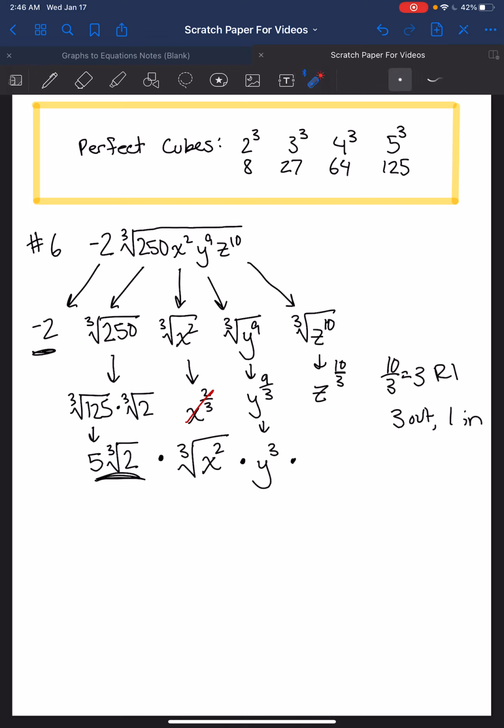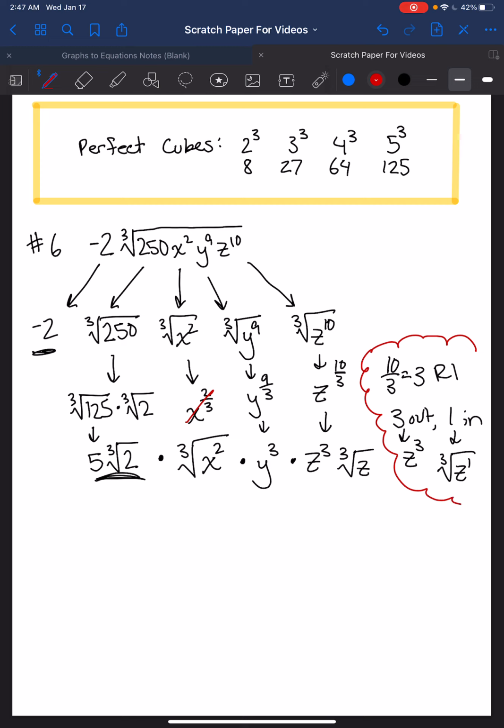So 3 z's can come out of that radical. So that's z cubed. And then the cube root of z to the first, or just z. So my z is z cubed, cube root of z. It's kind of my scratch work, if you will.